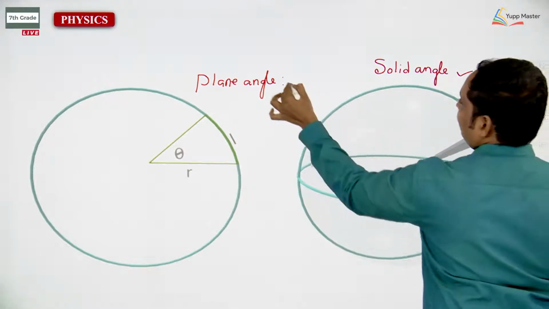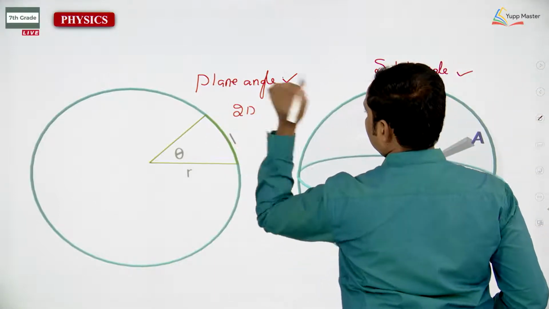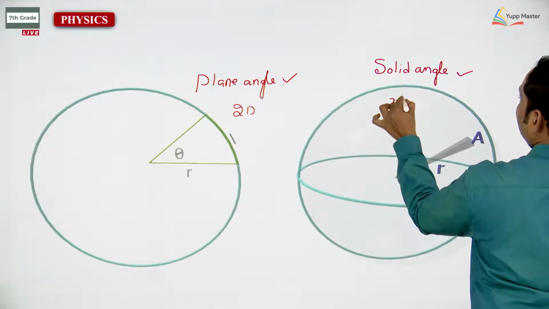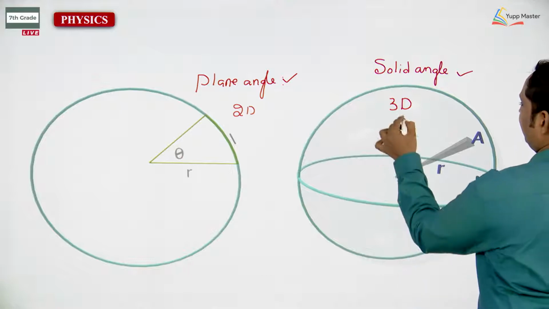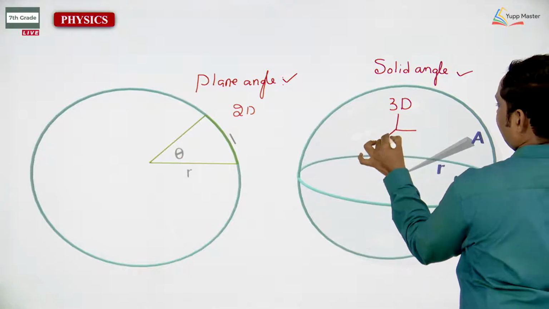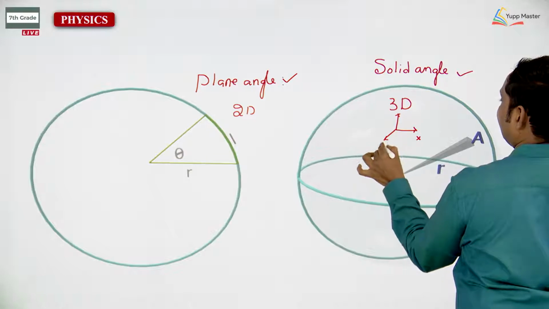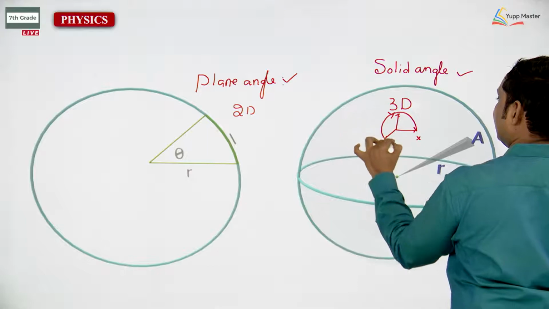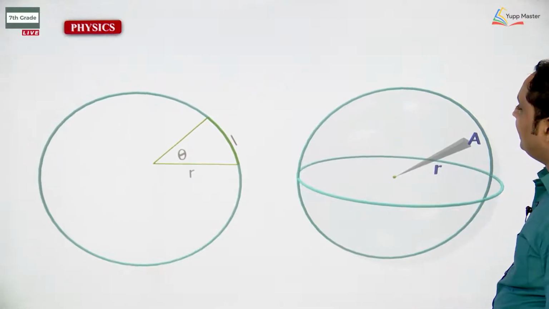This is regarding 2D. This is regarding 3D space, 3-dimensional. We have to take it with respect to X, Y and Z. It is going to cover the entire 3D space. All right, let's go for another one.